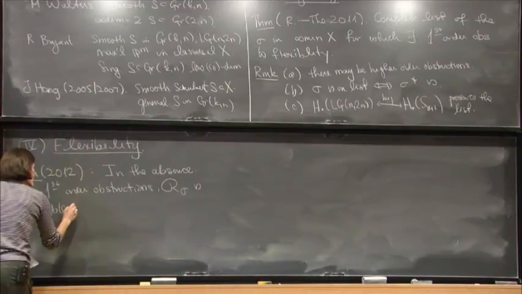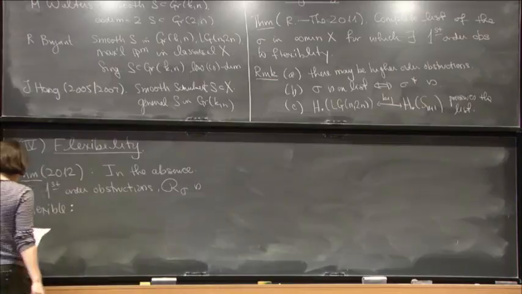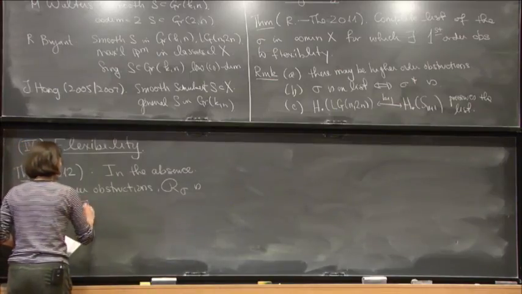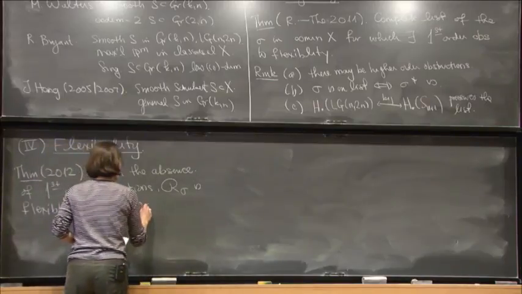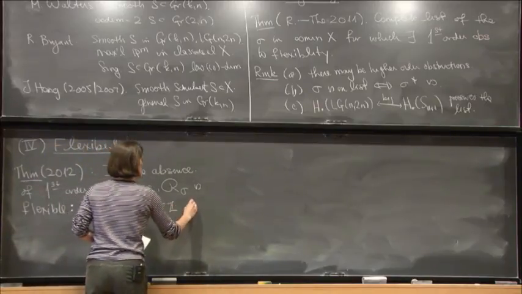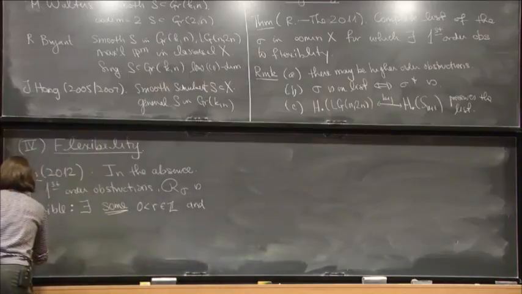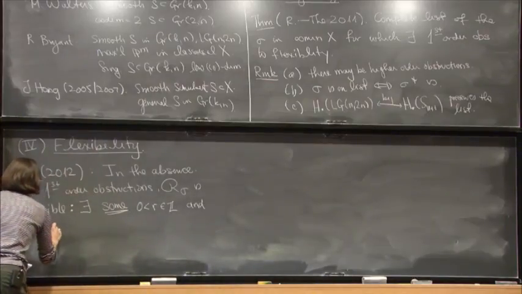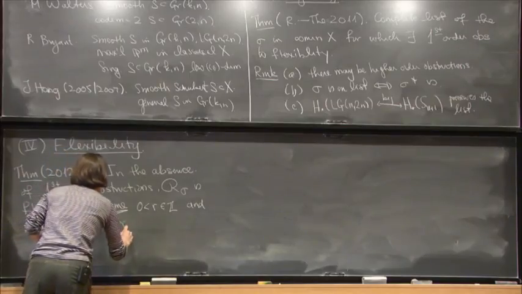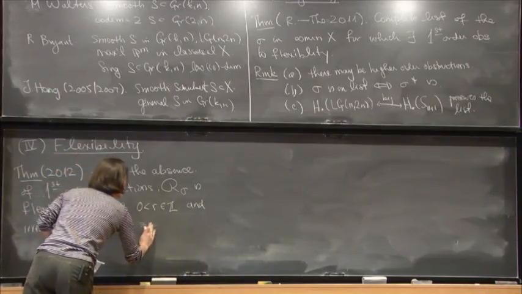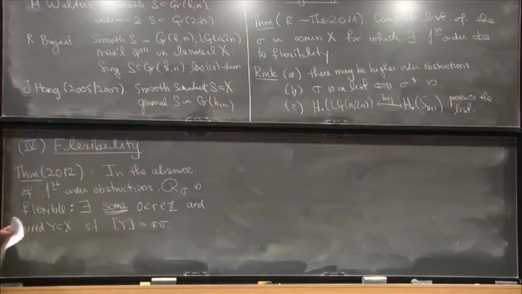Okay, now I want to drive home a point here, which is that what this says is that there exists some positive integer r and an irreducible algebraic y contained in X, so that y is r times the Schubert class. I don't plan to say anything about the proof.